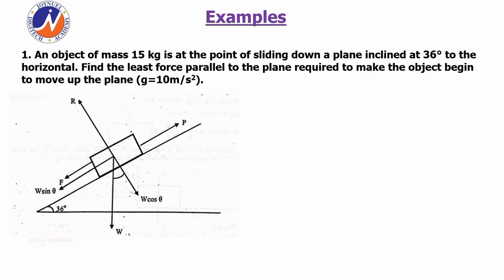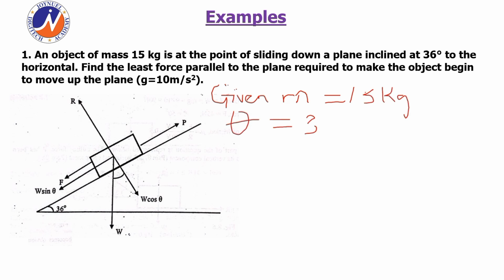So let's write out all the parameters that we are given. Given the mass as 15 kg, the angle theta is given as 36 degrees, g is given as 10 meters per second squared.